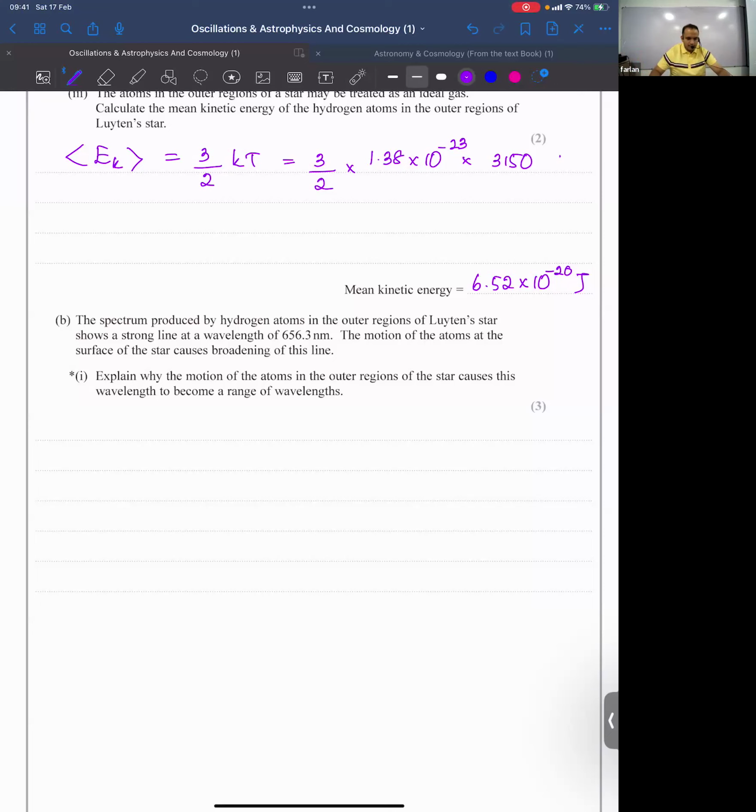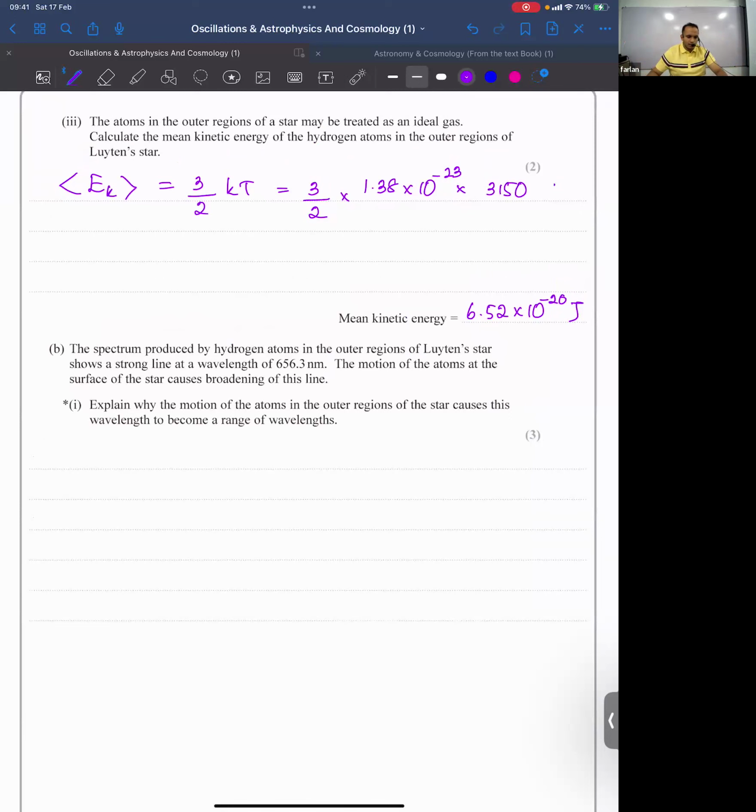So that is the reason the wavelength is not just a specific value. It broadens the band. Okay, so the answer is a 3-marker. Different atoms have different speeds.